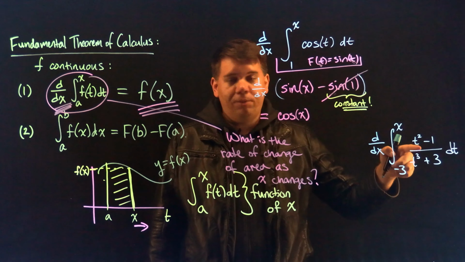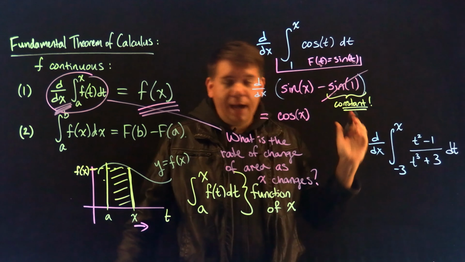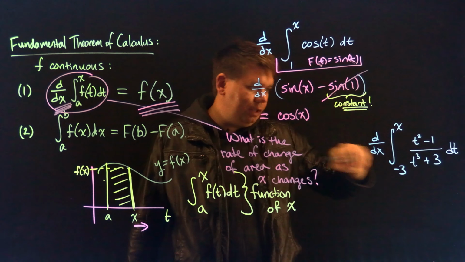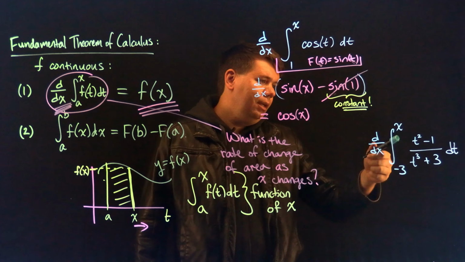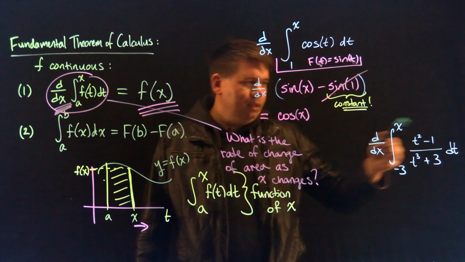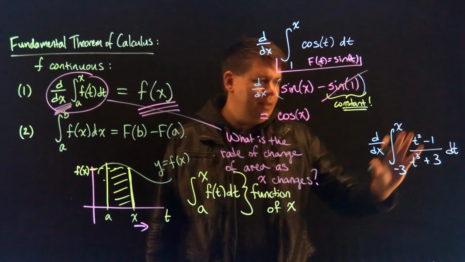Maybe you can figure out what the antiderivative of that is. I don't know what it is; we could try and see if we can figure it out, but it's not obvious to me. Okay, well, I can think of a few tricks, but it's not obvious how you would find that antiderivative.